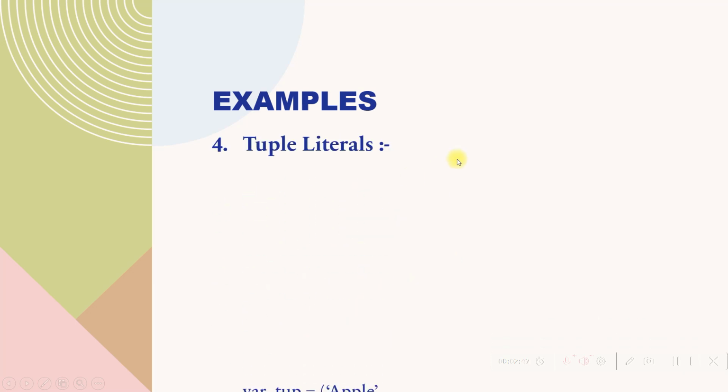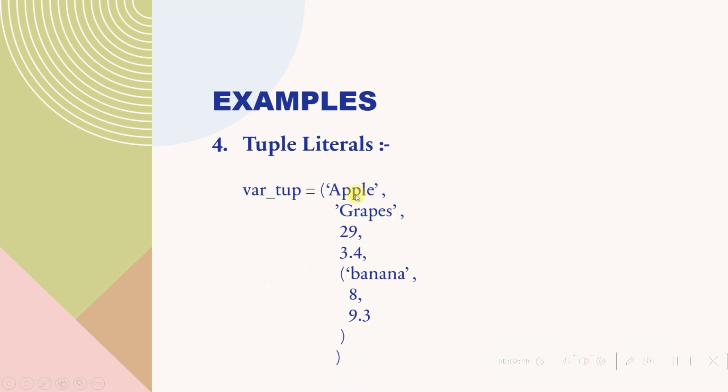Then we have tuple literals. So here a tuple literal is again the same as a list literal. The difference is you cannot modify the elements of a tuple, but you can definitely modify the elements of a list. We'll talk about lists and tuples when we see how they are created and manipulated in our further sessions.